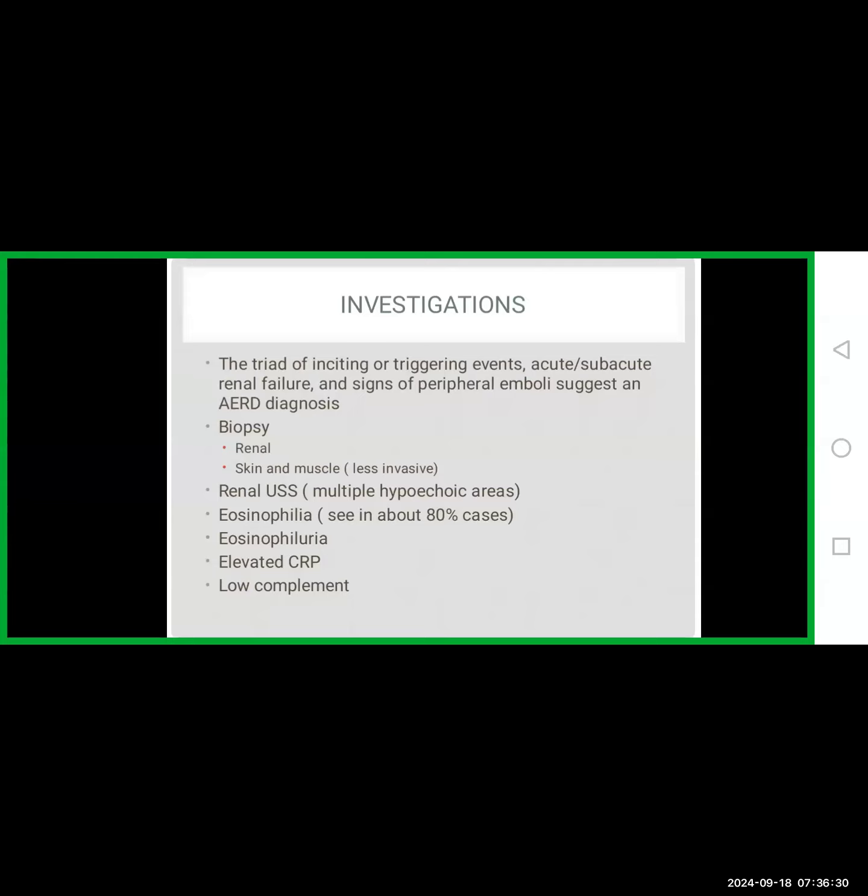In this situation, you might not need a renal biopsy. If these are present, the diagnosis is already made. However, renal biopsy may be requested in some cases to exclude things like vasculitis, acute tubular necrosis, and allergic interstitial nephritis, and that may provide a definitive diagnosis.